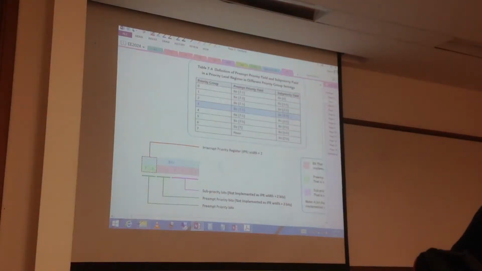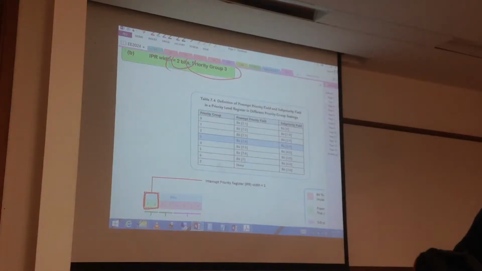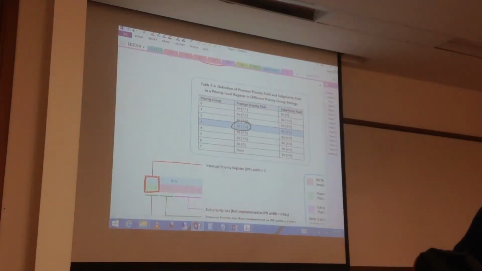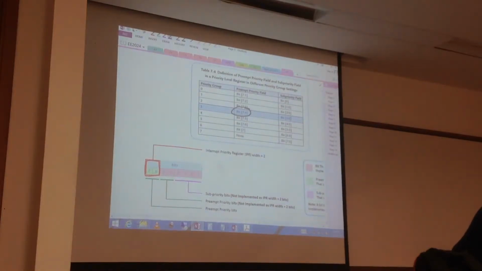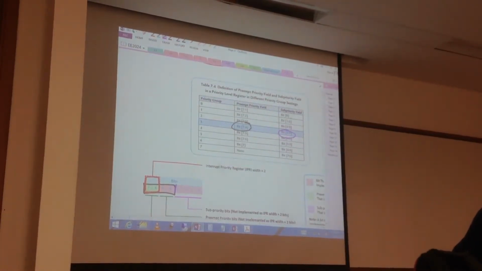IPR width is 2 once again, so IPR width is 2 most significant bits. We are going to use priority group 3. Priority group 3 tells us preamp is bit 7 to 4, and sub-priority is bit 3 to 0.